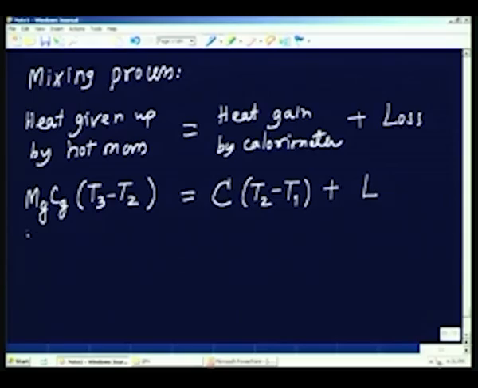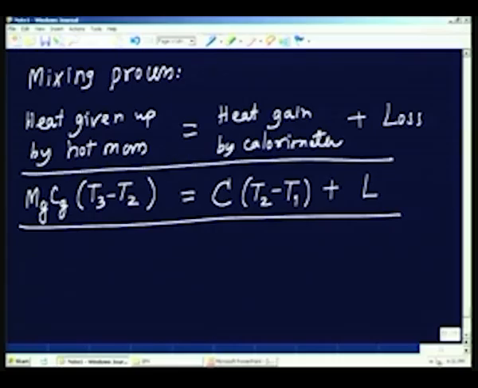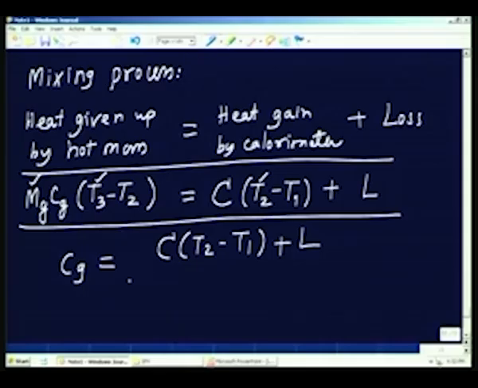So, this is the equation. I am measuring T2, I am measuring T3, I know the mass of the solid which is transferred. I can use this expression to determine C_g as nothing but C into T2 minus T1 plus L, divided by m_g into T3 minus T2.